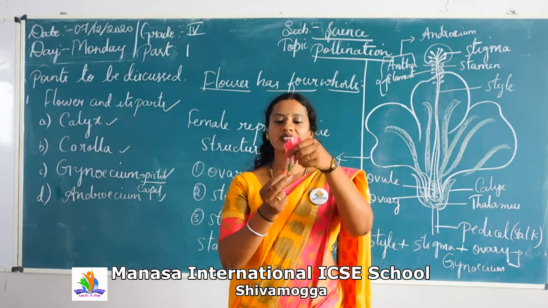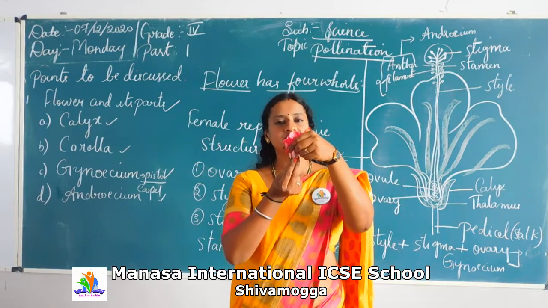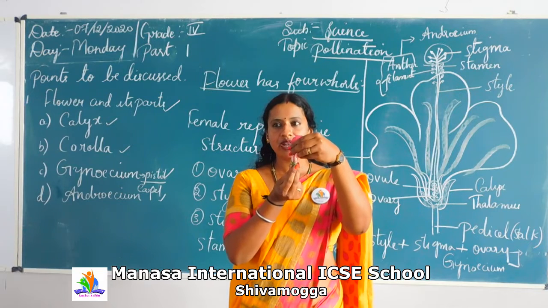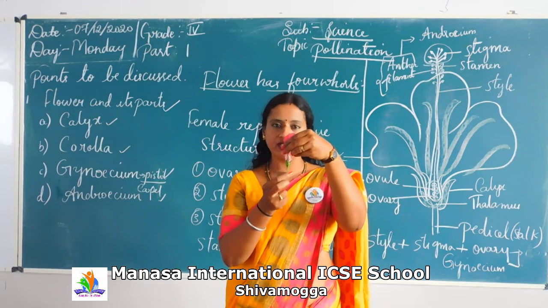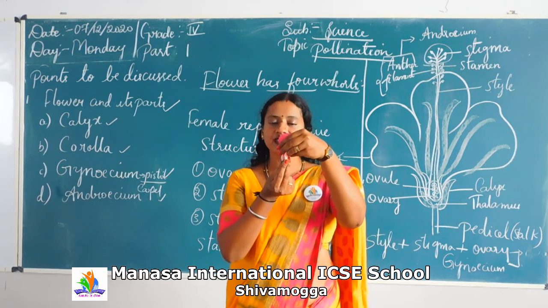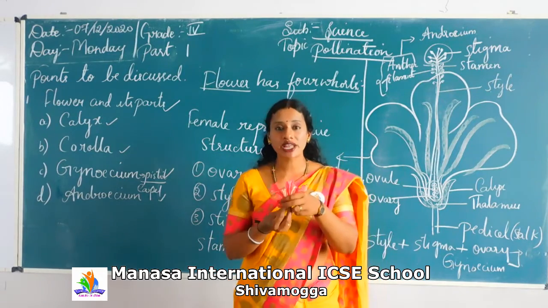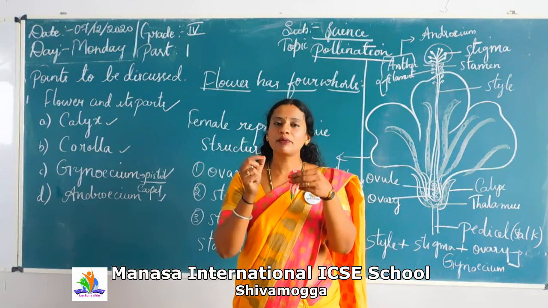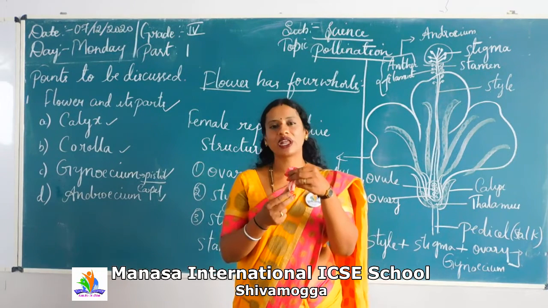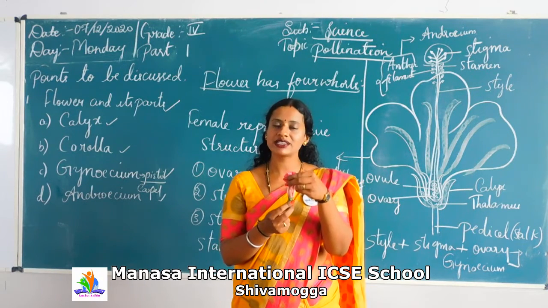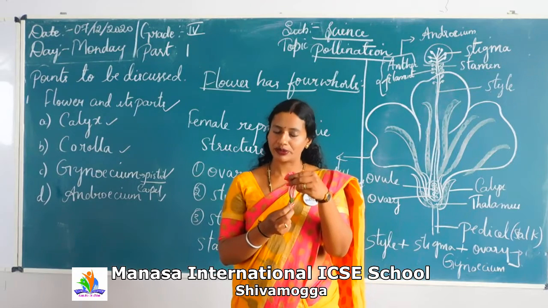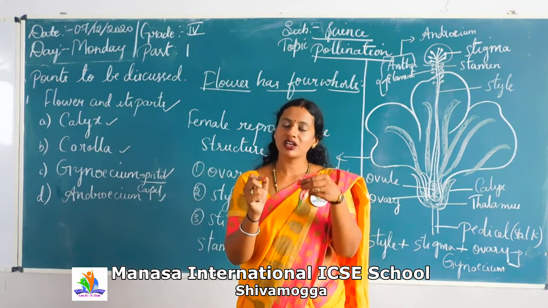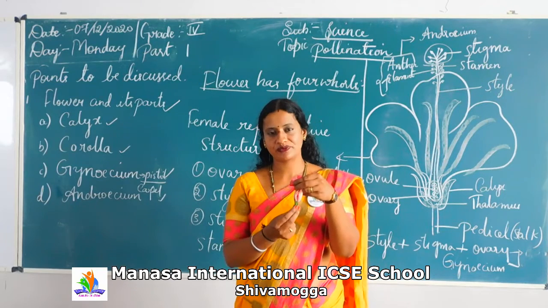The calyx is a cap-like structure found at the base, and before that we have the stalk or the pedicel. Its function is to protect the flower during the bud condition. Individual units of the calyx are known as sepals.